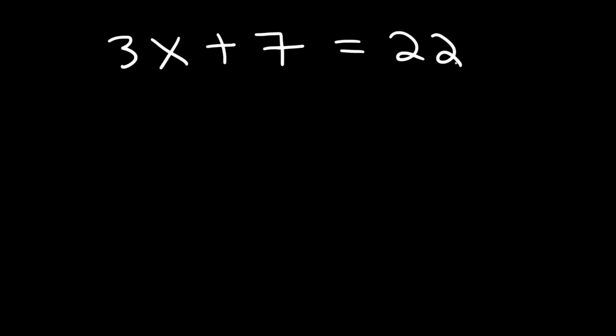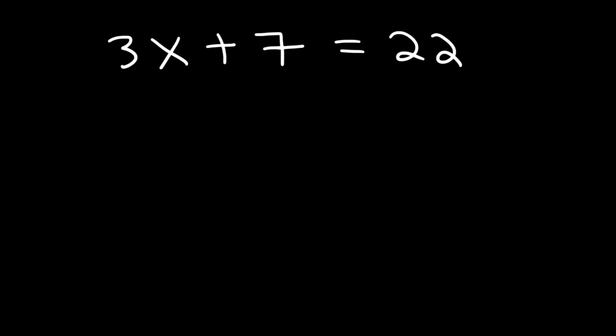Now let's try a problem that has multiple steps. So let's say that 3x plus 7 is equal to 22. What is the value of x? So what should we do? Should we try to get rid of the 7 on the left side or the 3 first?